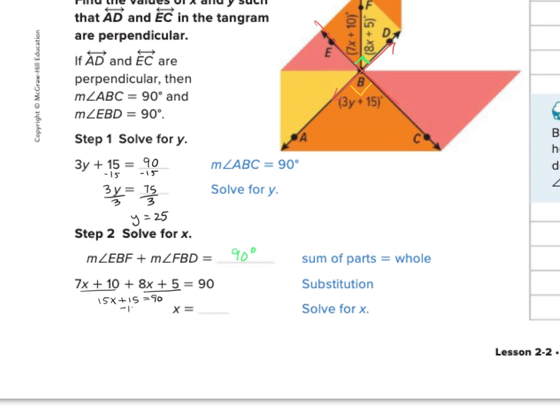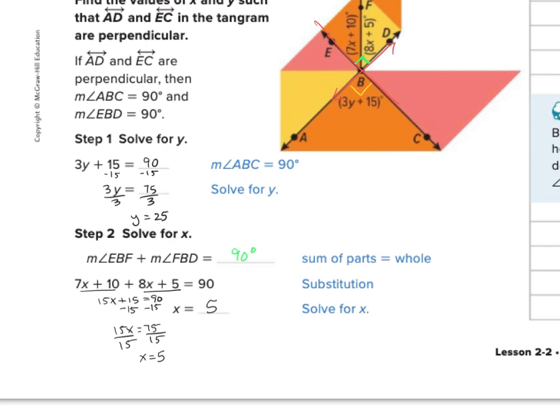I go ahead and subtract 15 from both sides, and 15x is equal to 75, divide both sides by 15, and x is equal to 5, I believe.